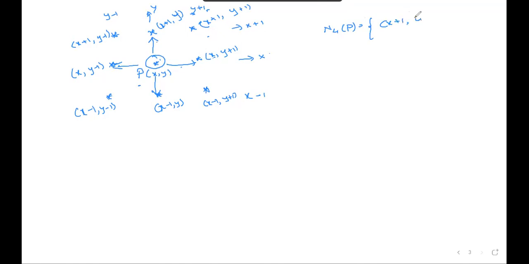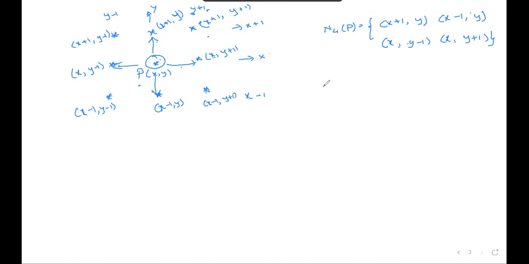X plus 1 comma Y, X minus 1 comma Y, X comma Y minus 1, X comma Y plus 1, right? These are the 4 pixels: first, second, third, fourth. This is N4 of P.